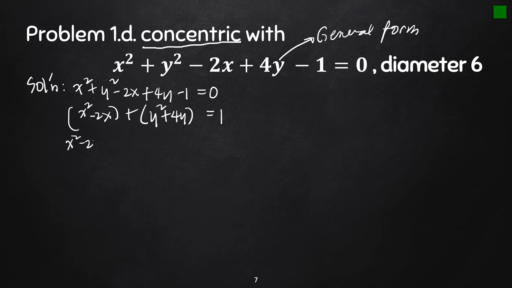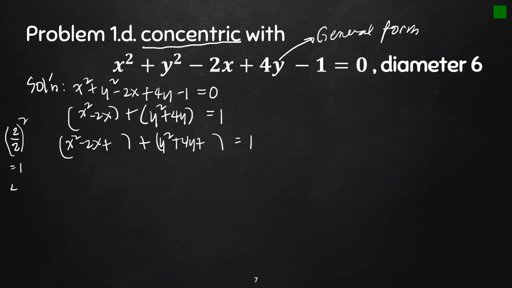So x squared minus 2x. To find the third term, as I have already presented in the previous session, we just have to get the constant of the second term of the binomial, divide that by 2 always, and then square. So we have 2 divided by 2 is 1 squared, 1.